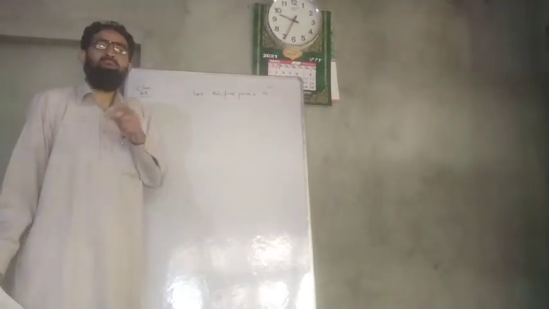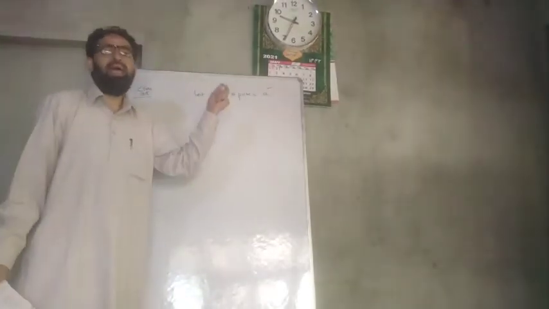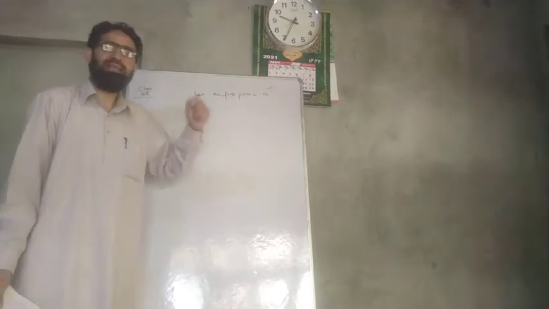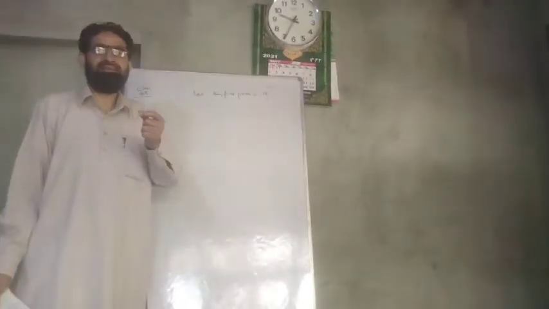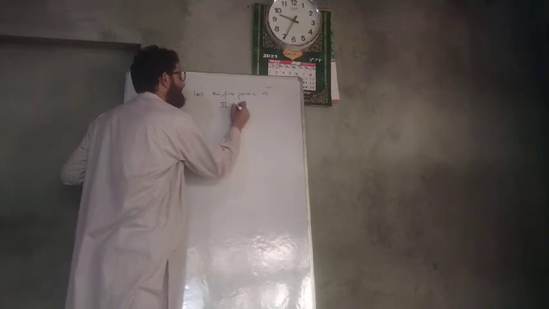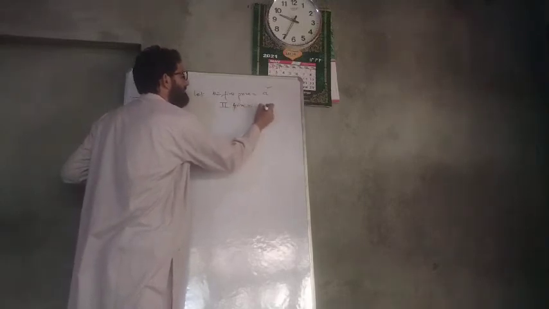Now second prize is obviously 20 rupees less. Third prize is 20 rupees less than the second prize. And fourth prize is 20 rupees less than the third prize. Fifth prize is 20 rupees less than the fourth prize, and so on. Let the first prize be A. What is second prize? Second prize is A minus 20.